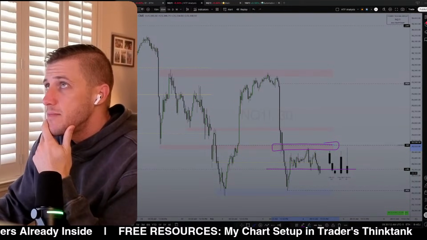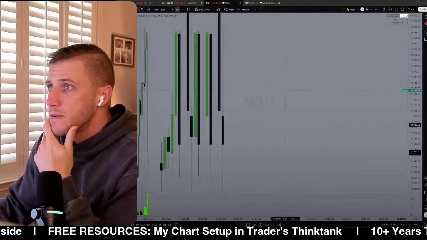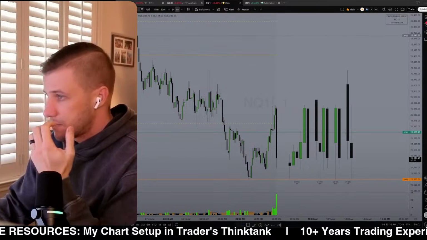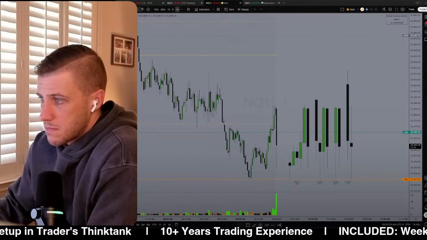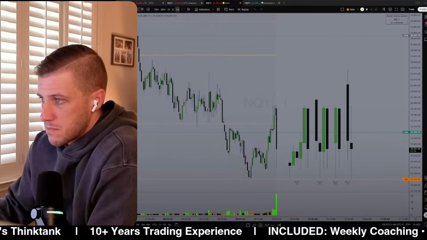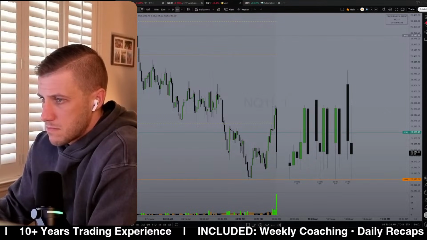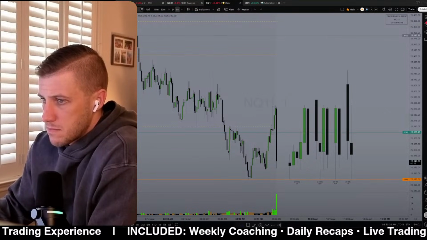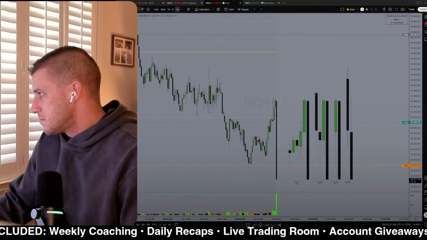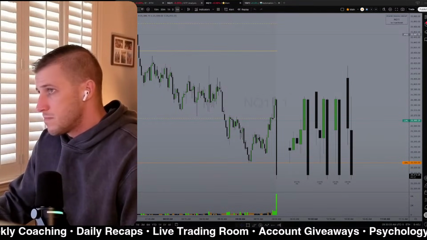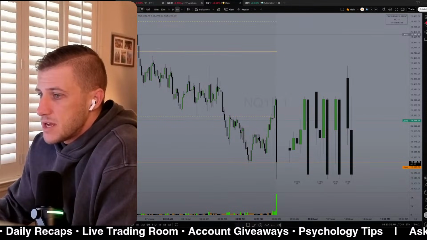Here's the open. Right through the overnight low there.